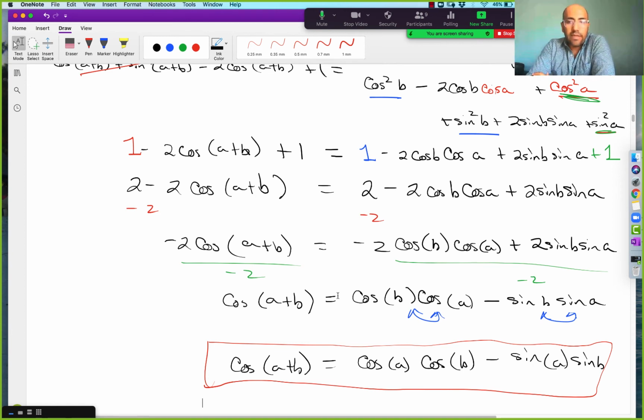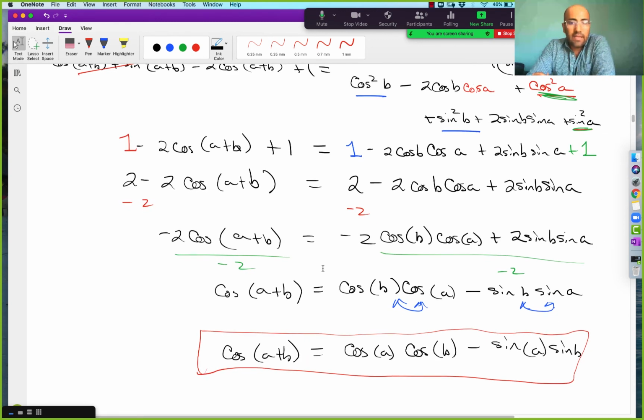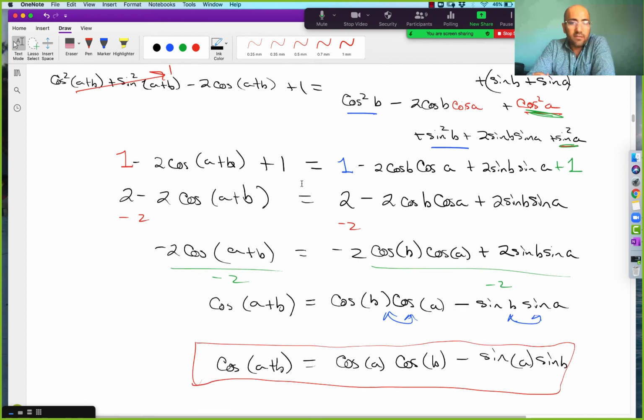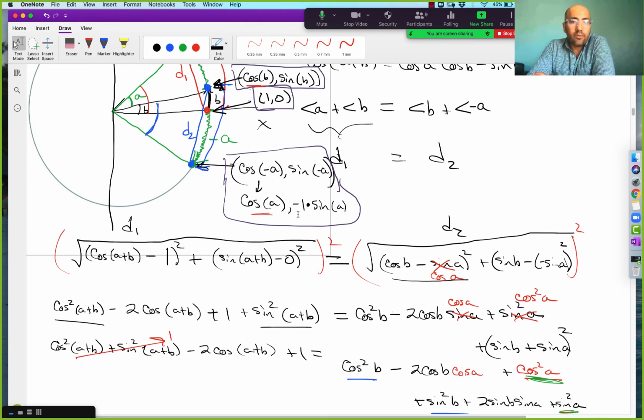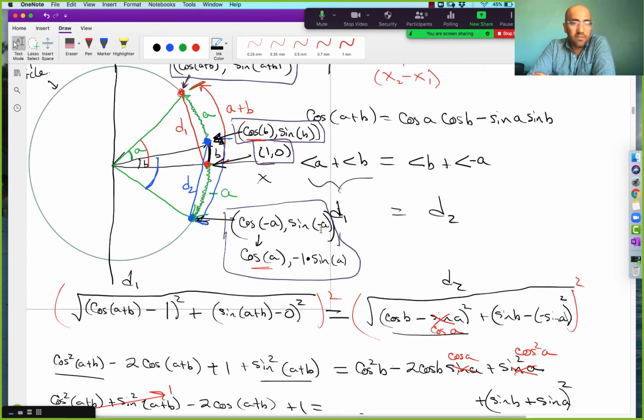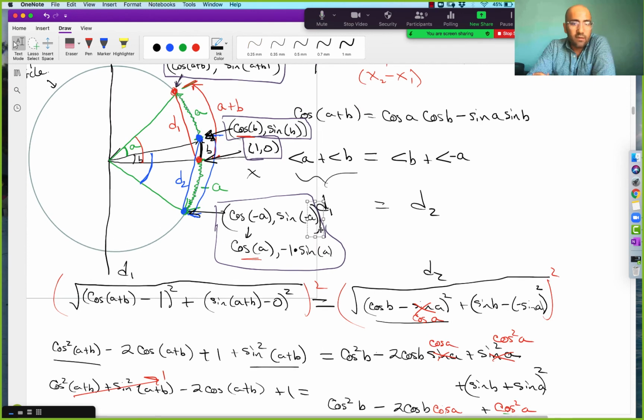Okay, so like I said before, don't let this intimidate you. I wouldn't ask you to prove this on a test or anything. It was just a way of proving one of those identities, just to show you that there is a way to prove it. Everything in math is presented for a reason, and sometimes that reason is too complicated for us to get there, but you have to trust that there is a reason.